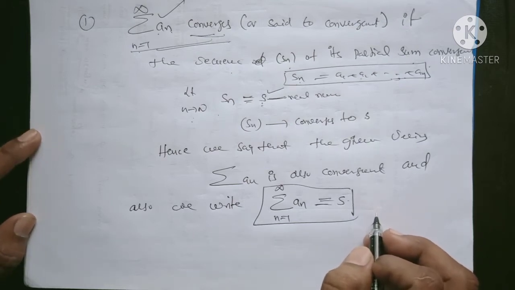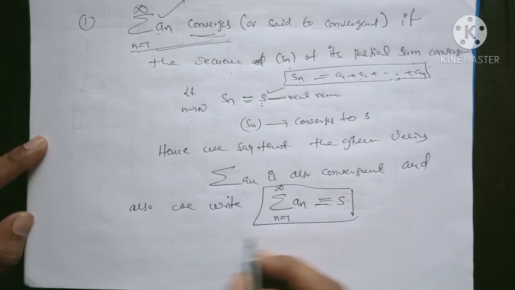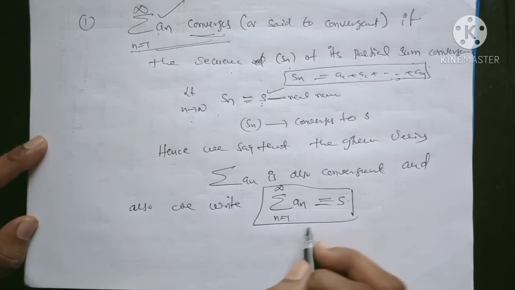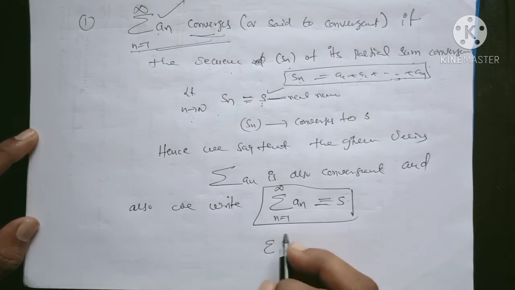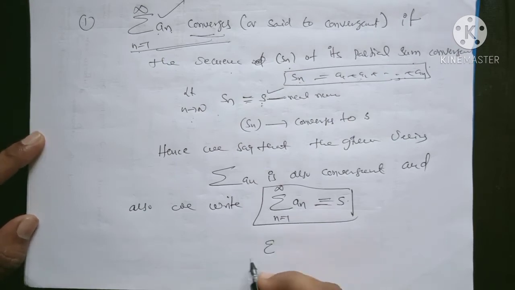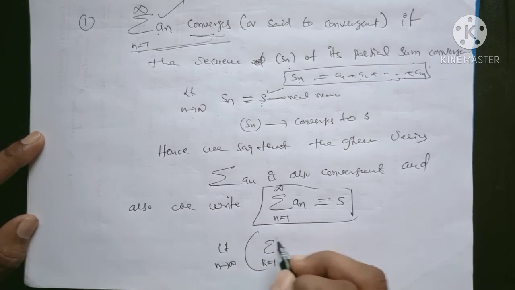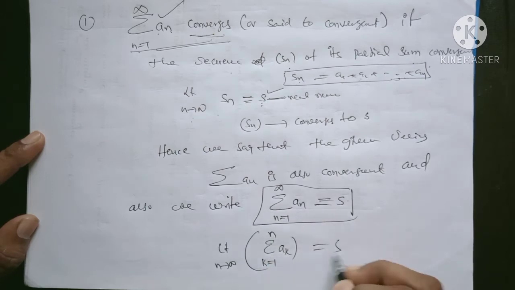That means we also write summation n equal to 1 to infinity ak as limit n tends to infinity of summation k equal to 1 to n of ak, which is also equal to s.